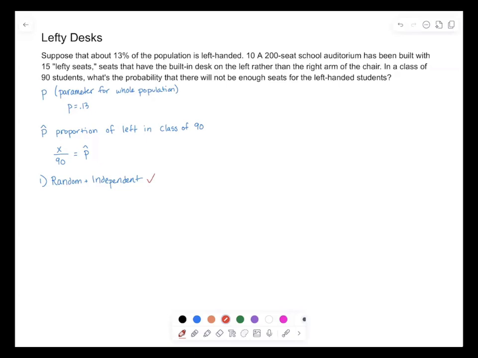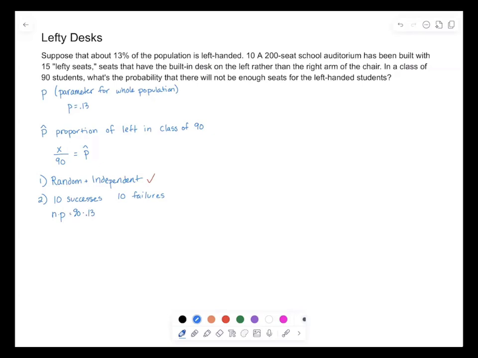The second condition is that our sample has to be big enough to have 10 successes and 10 failures. To test that, I'm going to do n times p. N times p is, in this case, 90 times 0.13.